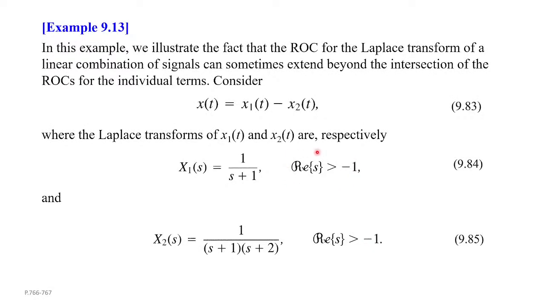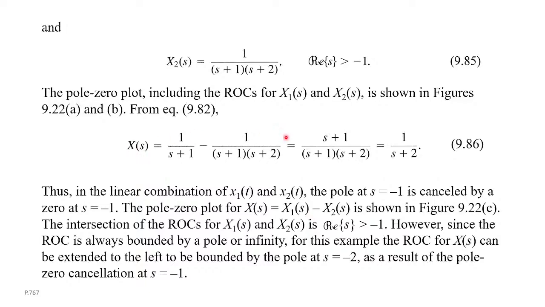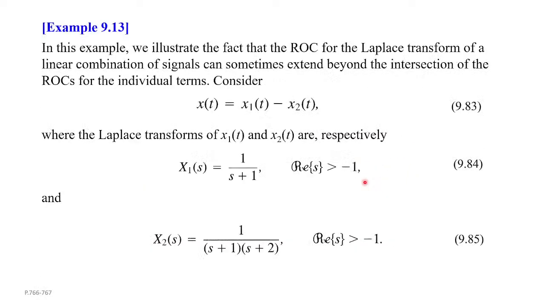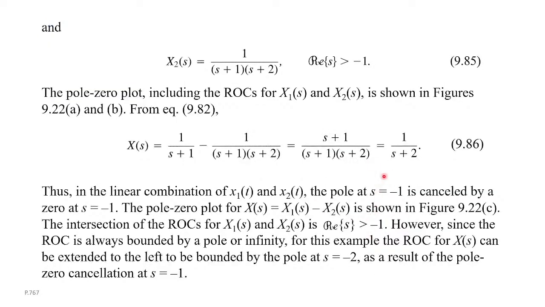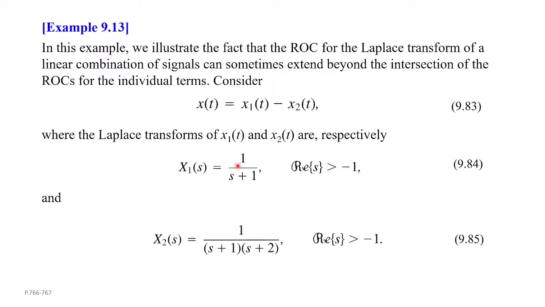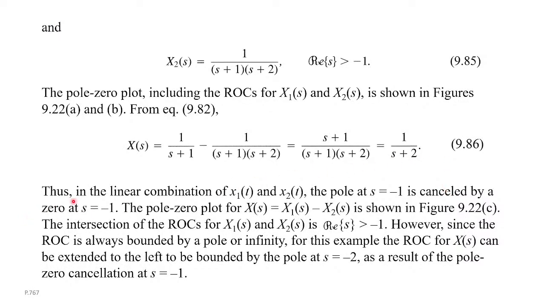Now think about the ROC of this thing. If you take the union of those two ROCs, it's Re(s) bigger than -1. But that cannot be the ROC of this, because this thing doesn't have the pole at -1, it's already cancelled out. And it's a rational function, and we say the rational function ROC must be bounded by poles.